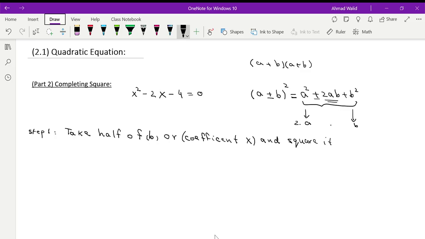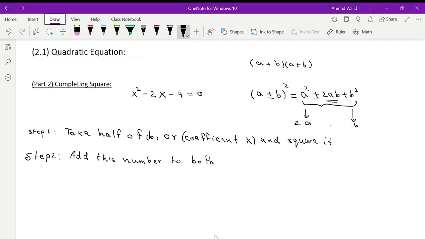In step 2, add this number to both sides. Because we are talking about equations here, I will say add this number to both sides of the equation.